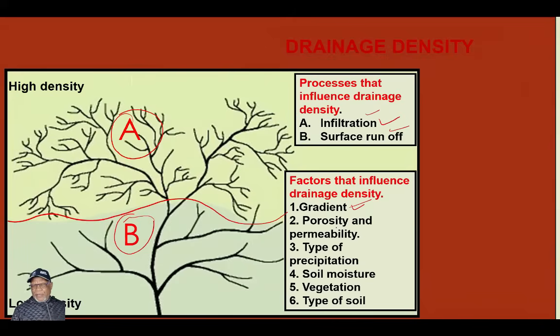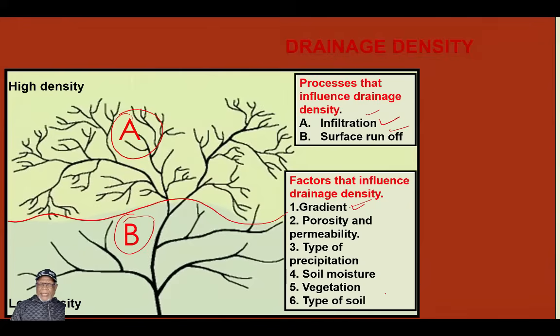Then we have another factor like porosity and permeability. Porosity and permeability is the same as the type of soil, because porosity will determine whether soil is able to allow infiltration or not. Then what are you saying?